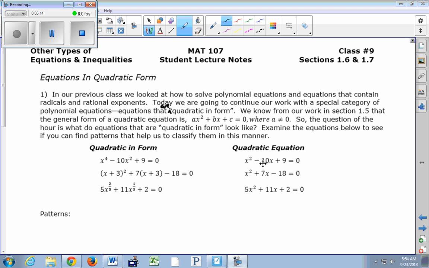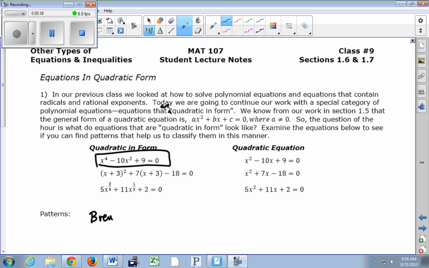Notice I took this equation and wrote it as a quadratic over here. So what patterns did you notice on the left side? I'll take as many different answers as you want to tell us. Brendan? The exponents. Okay. So if you're looking at this, the highest exponent there isn't 2.